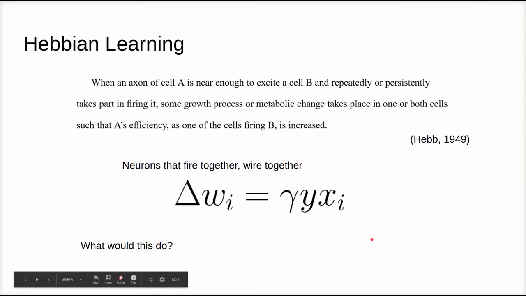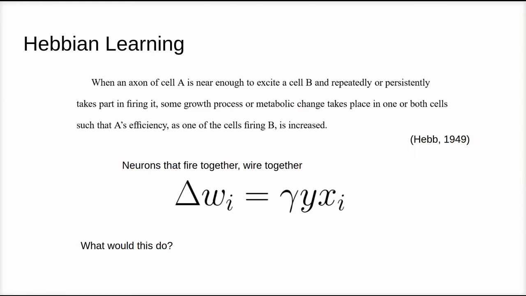We should recognize that in neurons, at least at the synapse, locally, they can be considered a kind of unsupervised learning. This is the principle of Hebbian learning, which, stated by Hebb in 1949, says, when an axon of cell A is near enough to excite a cell B and repeatedly or persistently takes part in firing it, some growth process or metabolic change takes place in one or both cells, such that A's efficiency, as one of the cells firing B, is increased.